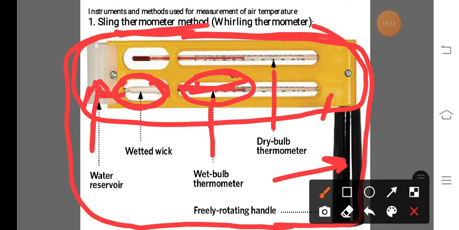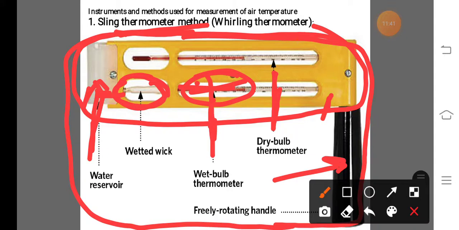These are the two most important components of the sling thermometer: the dry bulb thermometer and the wet bulb thermometer, which is wrapped with muslin cloth attached to the water reservoir.